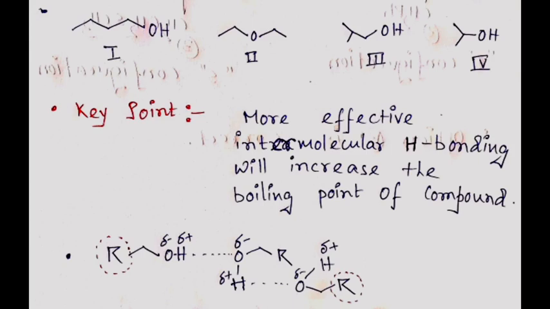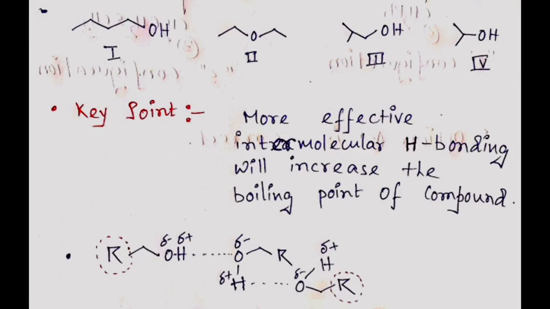So if you think about compound 3, here the R group is more hindered. That's why the intermolecular hydrogen bonding is not so effective in compound 3. That's why compound 1 shows much more effective hydrogen bonding as compared to compound 3.